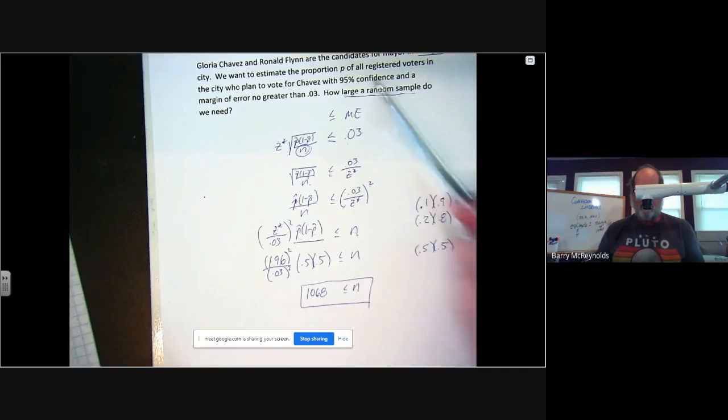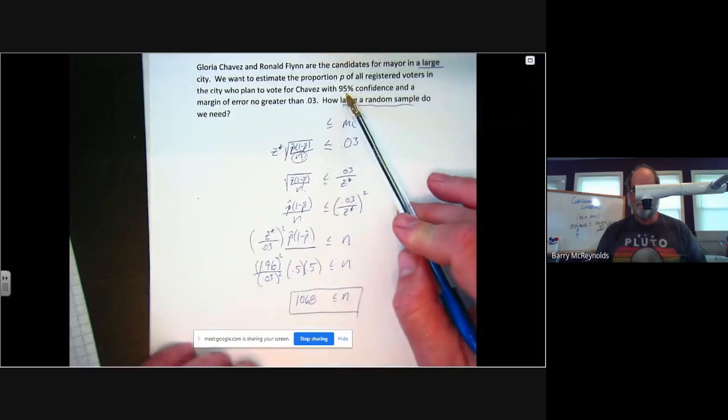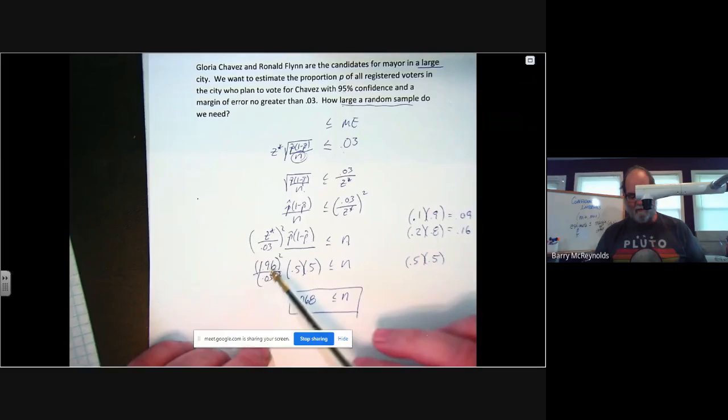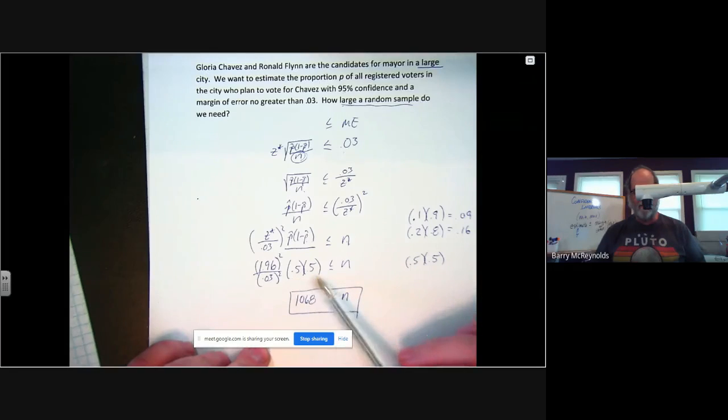So you can see here, if I want higher confidence, if I wanted 99% confidence, I would plug in 2.57 here. And so this number is going to get larger. Margin of error is going to stay the same. I'm still going to assume p-hat to be at its maximum value.